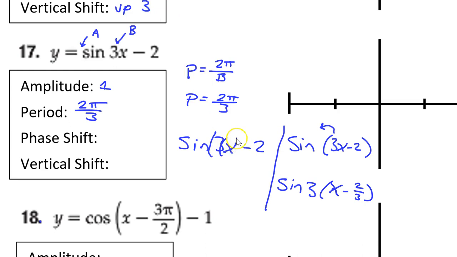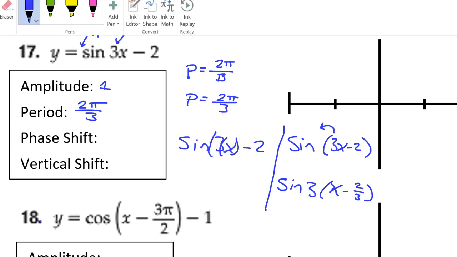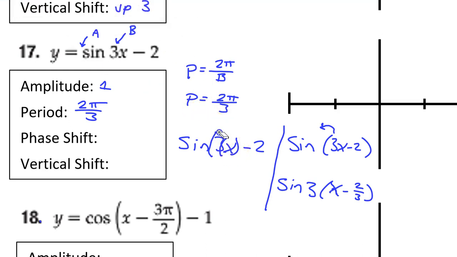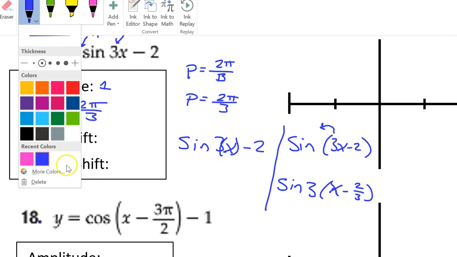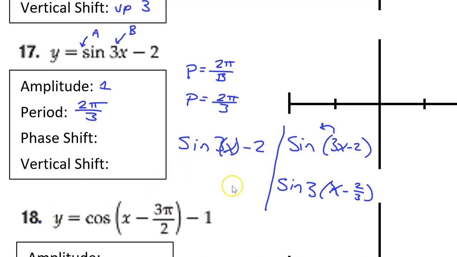Actually, I'd rather put them right here, if I may. The point is that this minus 2 is a vertical translation. It's a vertical shift, not a phase shift. It's outside the function. If it were inside the function, there'd be some parentheses. So for phase shift, we're going to say none. There is no phase shift. But there is a vertical shift down 2 because of the minus 2. So down 2.